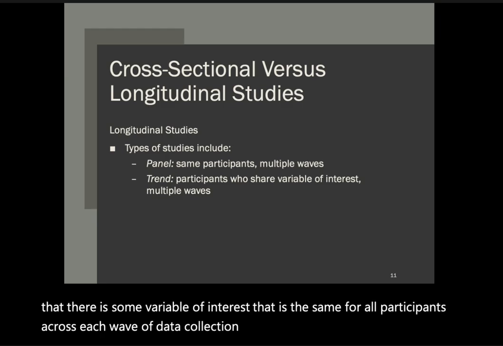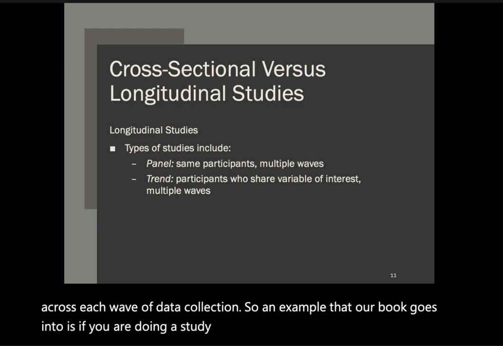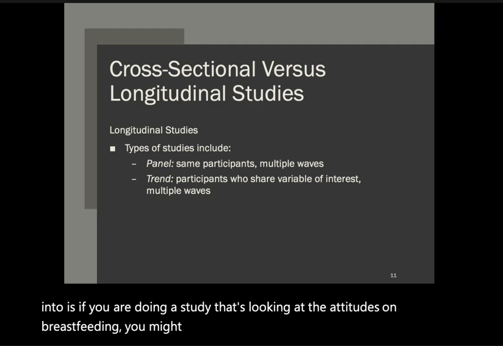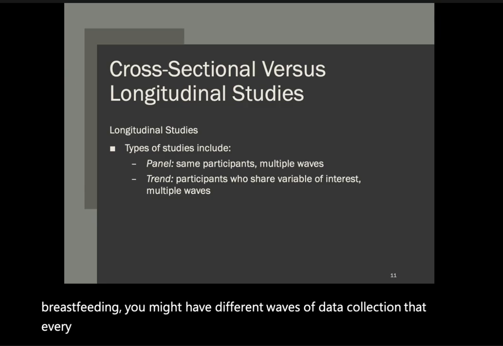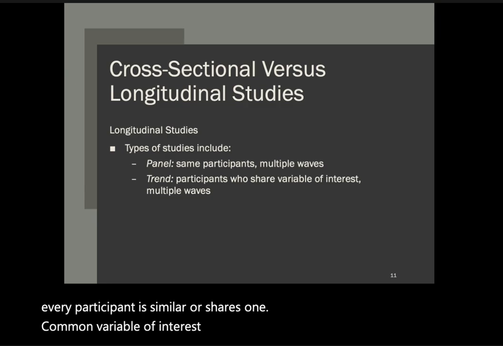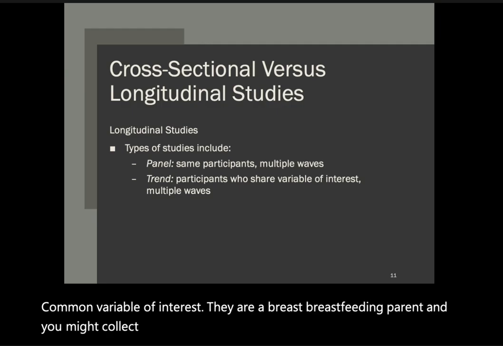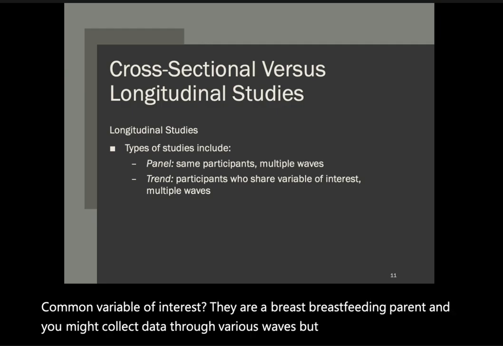An example that our book goes into is if you are doing a study that's looking at attitudes on breastfeeding. You might have different waves of data collection where every participant shares one common variable of interest: they are a breastfeeding parent. You might collect data through various waves, but that variable will remain consistent.